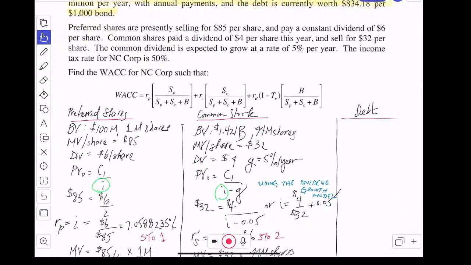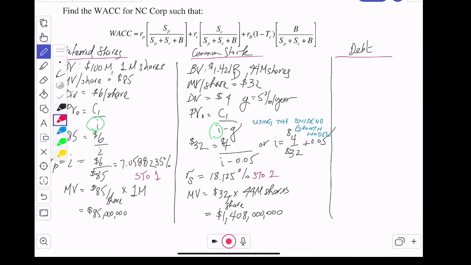So given that information, the book value is $736 million. So what number of bonds are outstanding?